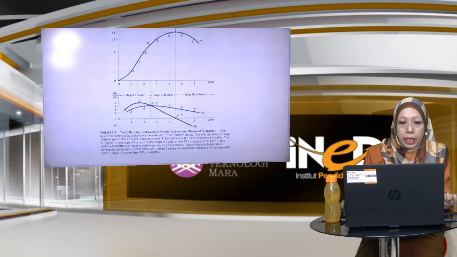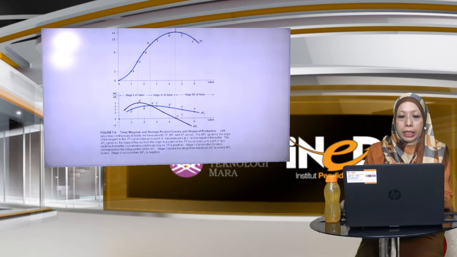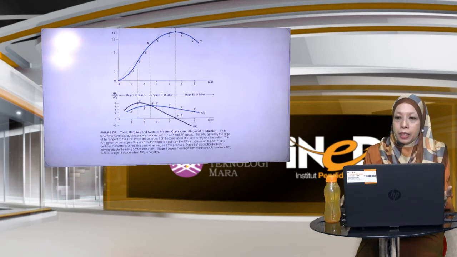That is actually at point H. So if you want to know the point where marginal product and average product are equal, you can find the value by looking at the maximum point of your average product, because at point H, average product is maximized.